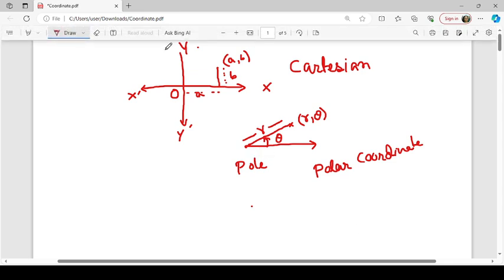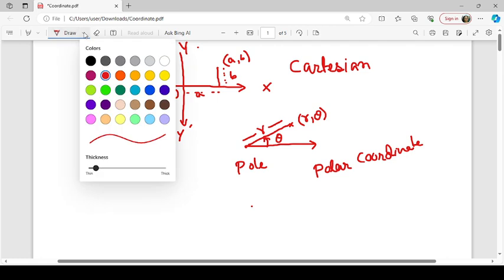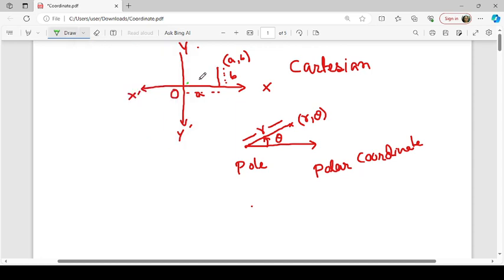And we can now do one thing. This is in the Cartesian system. We join from the origin to the point. If we imagine this x-axis OX as the initial line and O as the pole, then what we have?